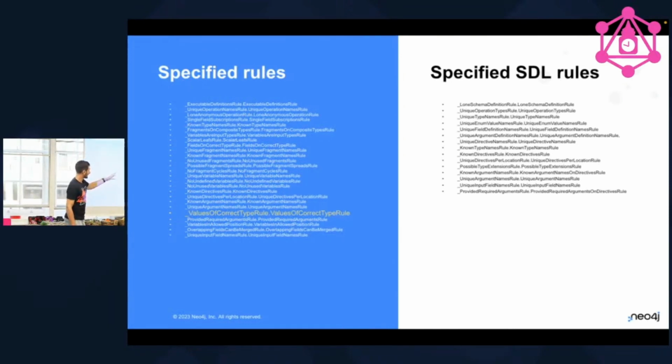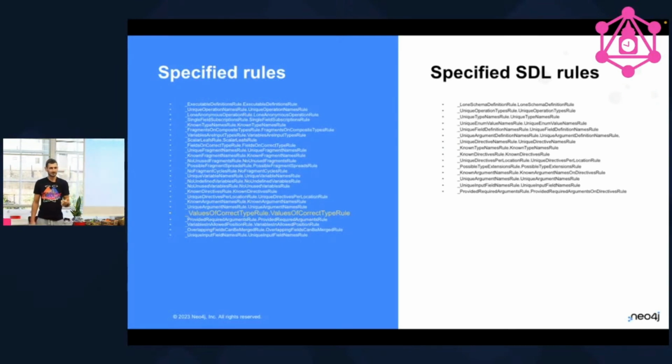There's not much there: unique type names, which we saw, unique directive names, known type names. Then our values of correct type was here. You cannot use these rules during SDL validation.